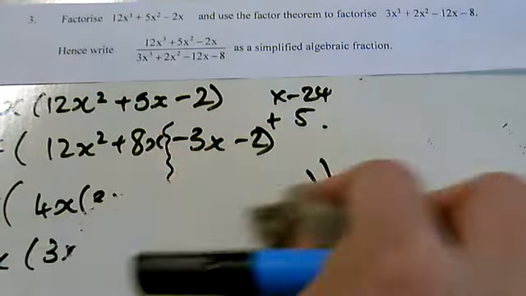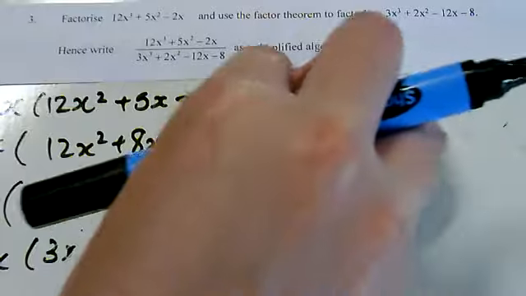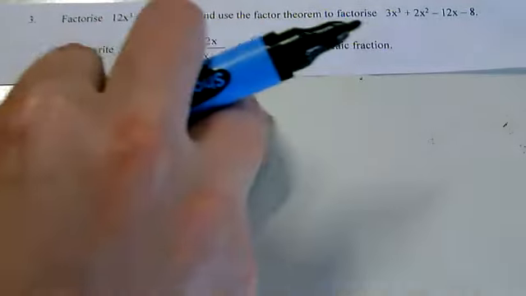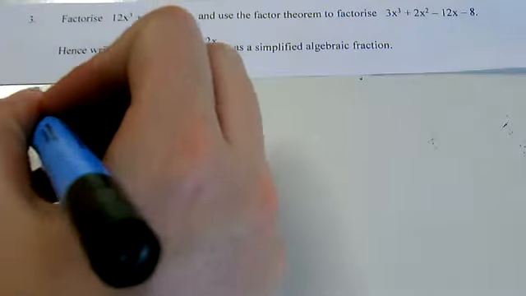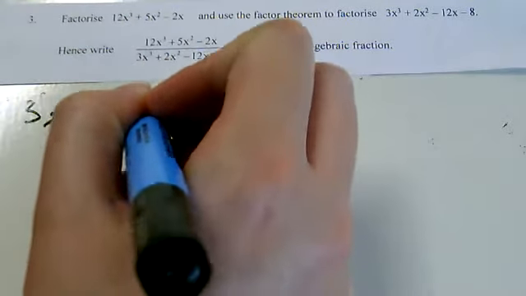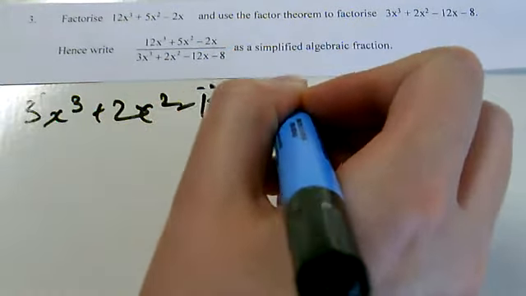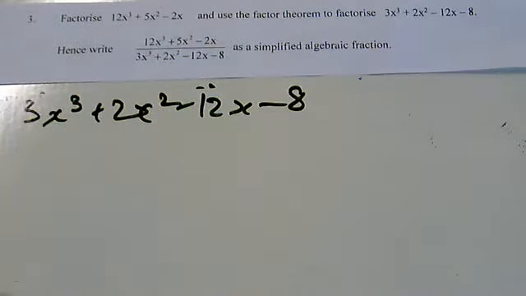Okay, second bit, we need to use factor theorem, and we want to factorise 3x cubed plus 2x squared minus 12x minus 8. It says use factor theorem, so we're looking for a number that we sub in to give us 0.